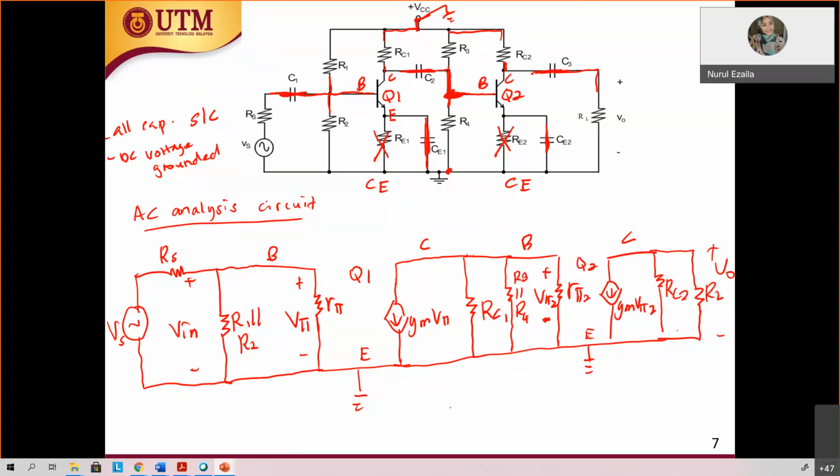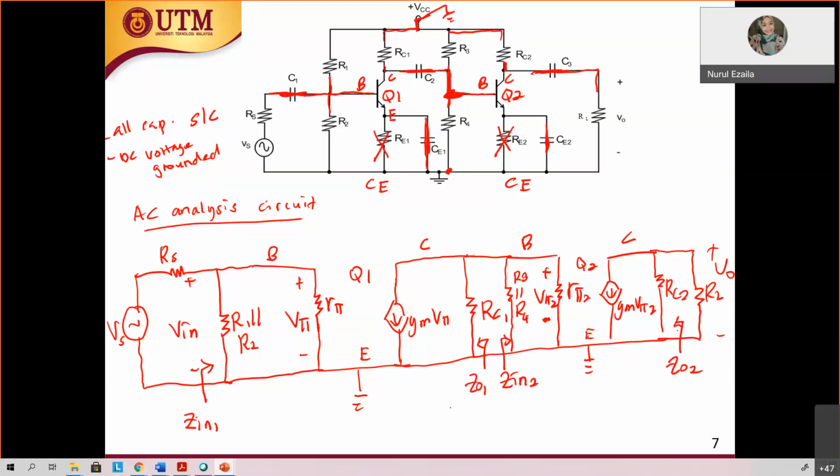So you have stage 1 Q1 and stage 2 Q2. At the first stage this is your Z in 1 and Z out 1. Next to Z out 1 is Z in 2, and finally at RC2 is your Z out 2.